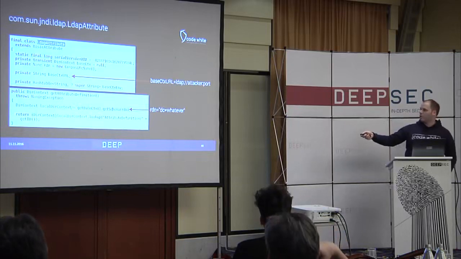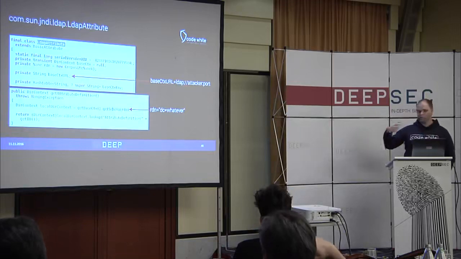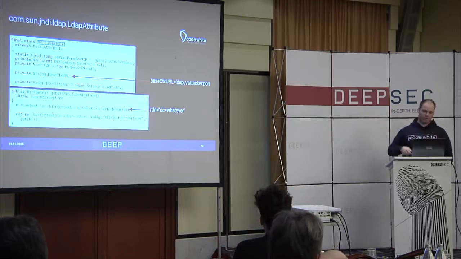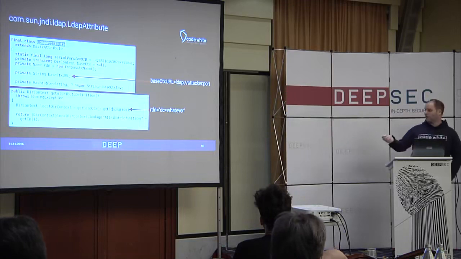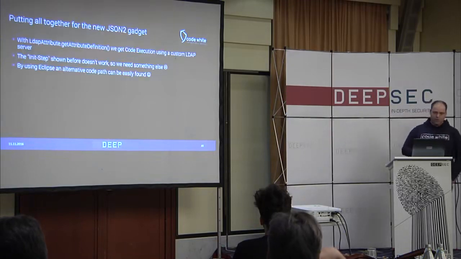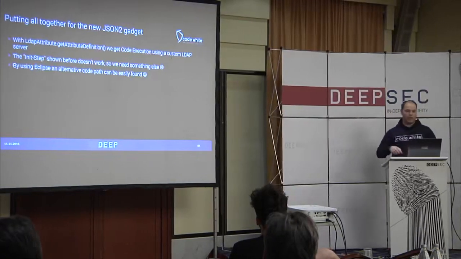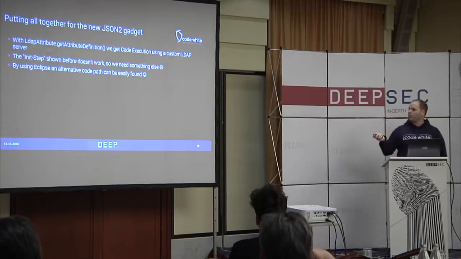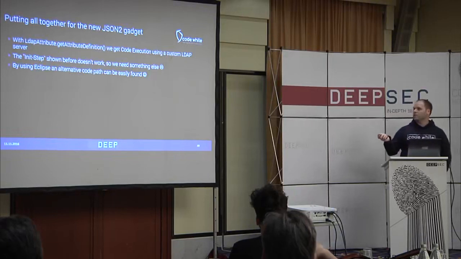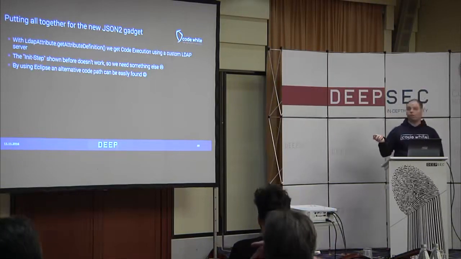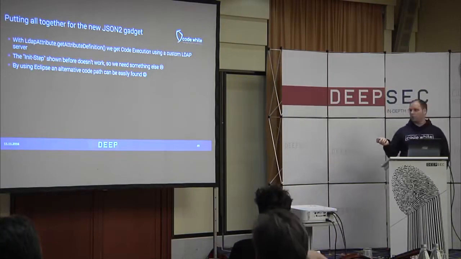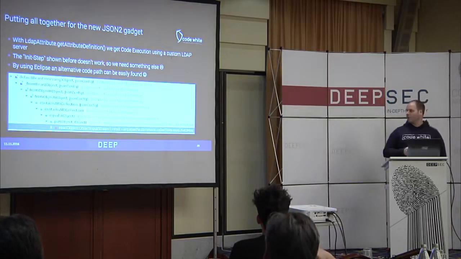Then it will try to connect, the request will happen, and the response will get code execution. And it's a getter method. So we have almost everything together. We have a getter method which will give us code execution. The only thing missing here is the init step, because this one is not working because of Spring, which is blocked. But I just used Eclipse and looked for an alternative code path, and I found one.